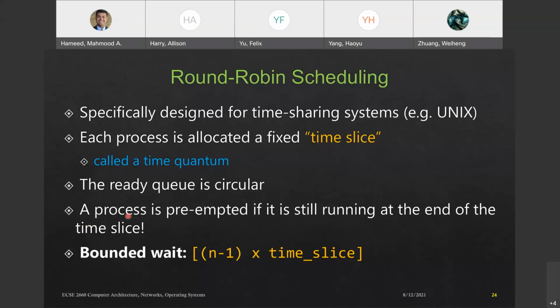So a time slice or a time quantum is a fixed amount of time every process gets the CPU. And because we have defined the time slice, you will never have an unbounded wait time for this. You will always have a bounded wait time. So imagine that there are 5 processes, right? P1, P2, P3, P4, P5.